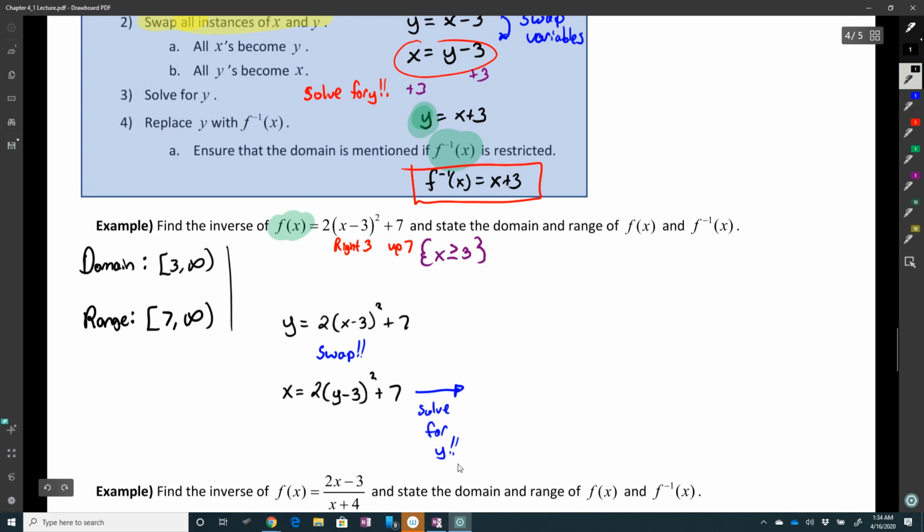Okay, so to solve for y, we just subtract 7. Divide by 2.